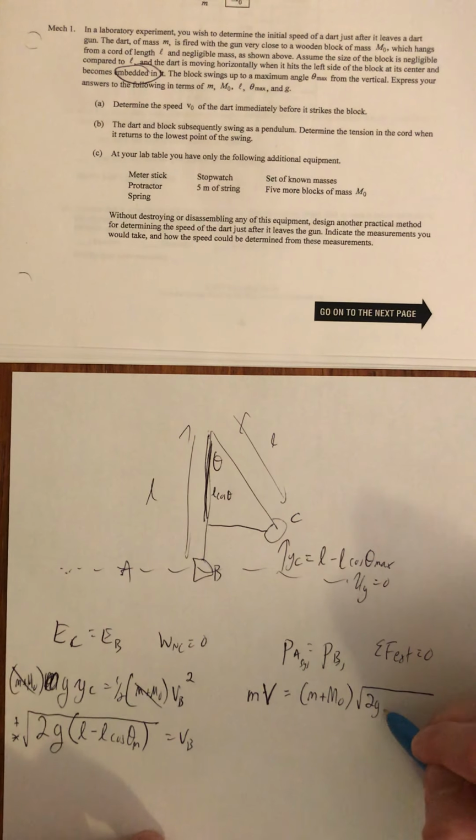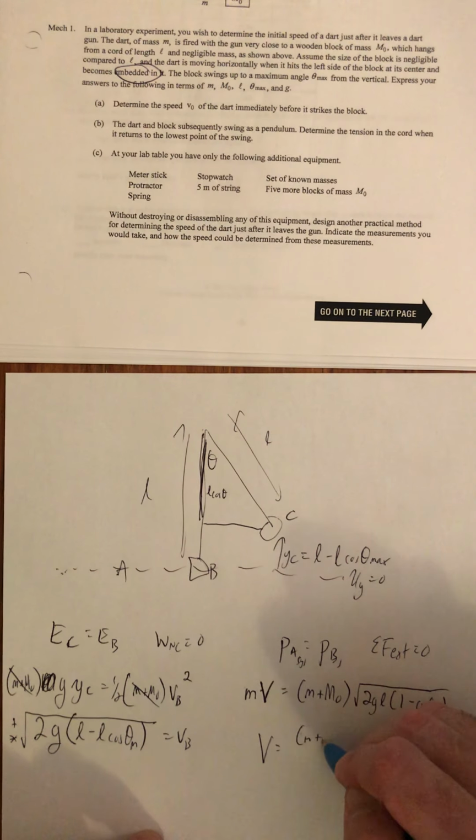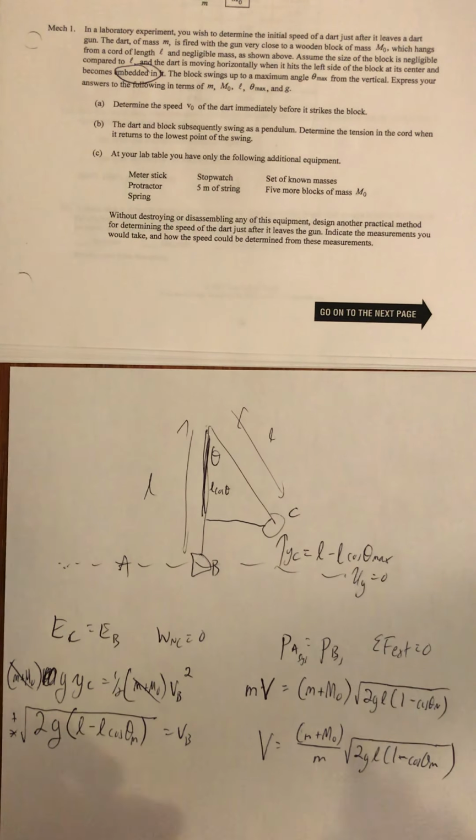So 2g, I'll pull out the L, 1 minus cosine theta max. Boom. And therefore, v is equal to little m plus big M over little m, times the square root of 2gL(1 minus cosine theta max). There we go. So that's part A.